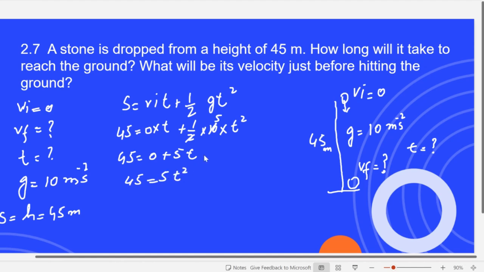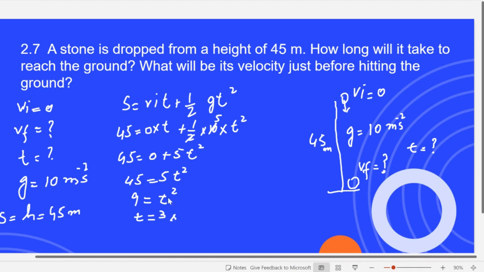Dividing by 5 on both sides, I get t square is equal to 9. And taking square root, we will have t is equal to 3. It means that the body will take 3 seconds to reach the ground.